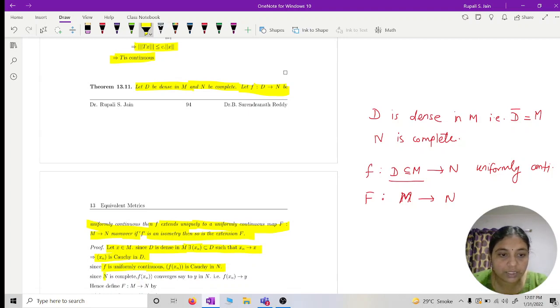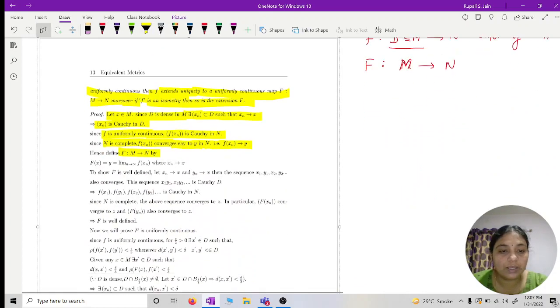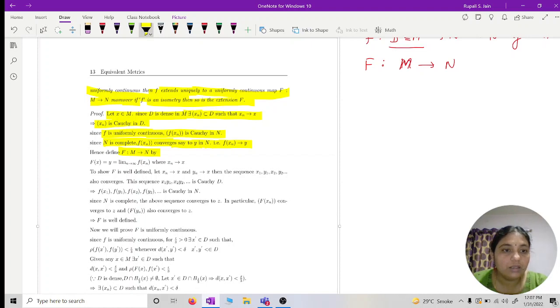Now, since N is complete, F of xn converges to some y in N. Now we define a map F from M to N by F of x equal to y, which is nothing but the limit as n tends to infinity of f of xn, where xn converges to x.